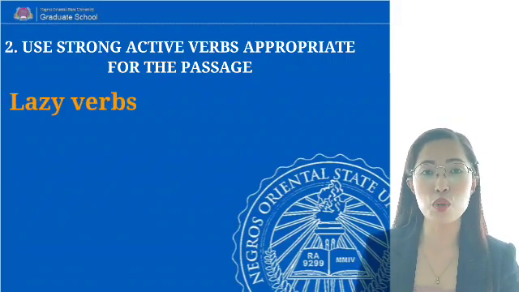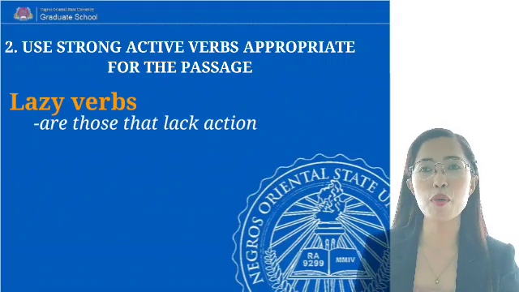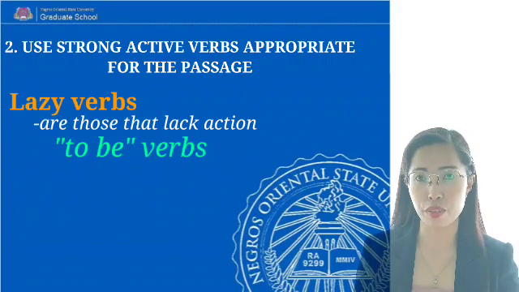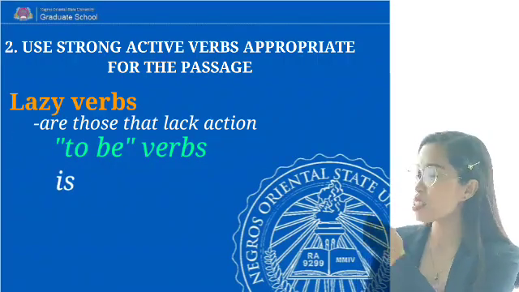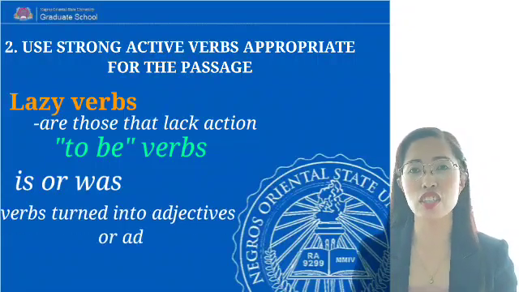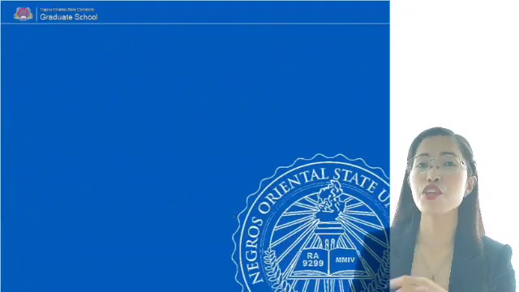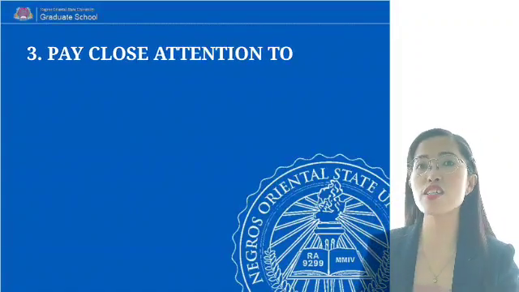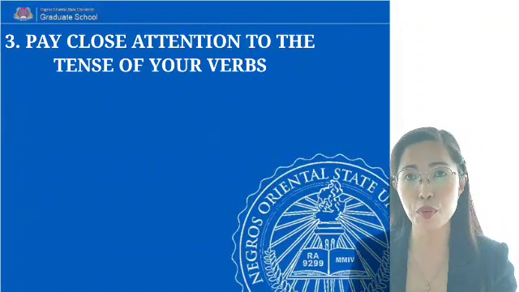Lazy verbs are those that lack action, commonly called to be verbs, such as is or was, or verbs turned into adjectives or adverbs. And the third one is to pay close attention to the tense of your verbs.